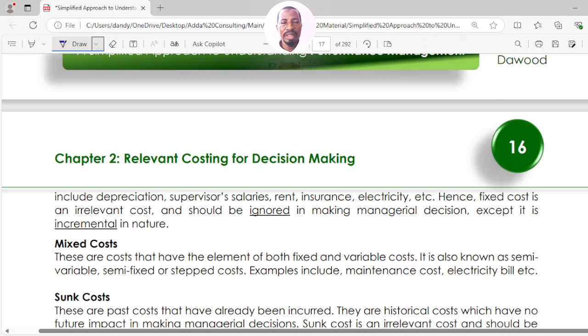Any expense that is not variable, that will not change as a result of the decision taking, that is fixed for a particular period, is what is called fixed cost.